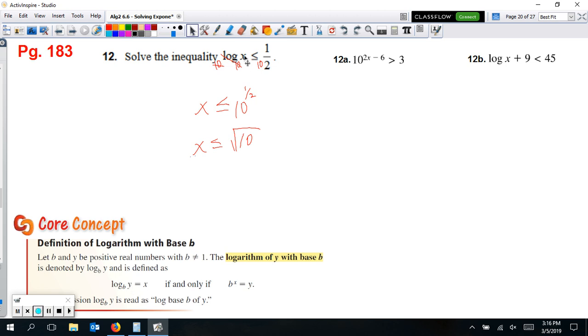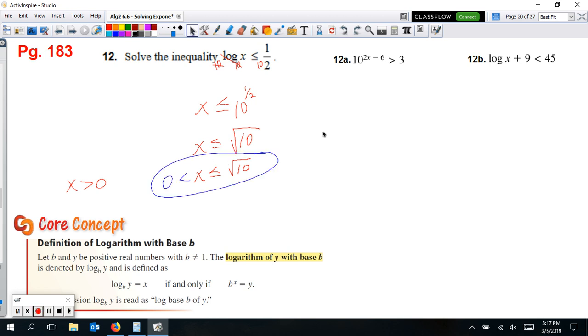See, there's the y. It's our x in this one. Be positive real numbers. They have to be positive real numbers. So that means it cannot be less than or equal to 0. And so that's what we want to remember here, is that x has to be greater than 0. It cannot be less than or even equal to 0. So we've got to include that part in our inequality answer.